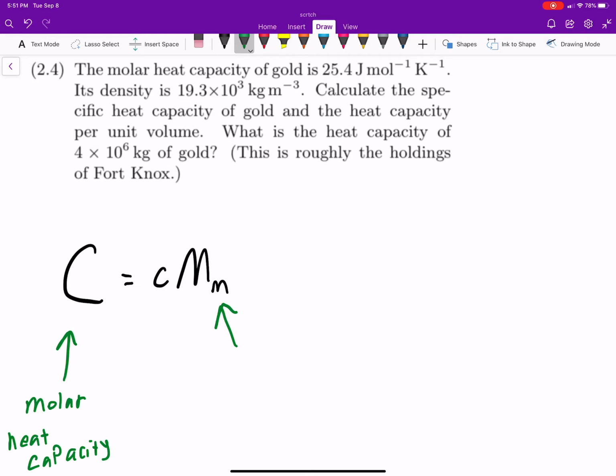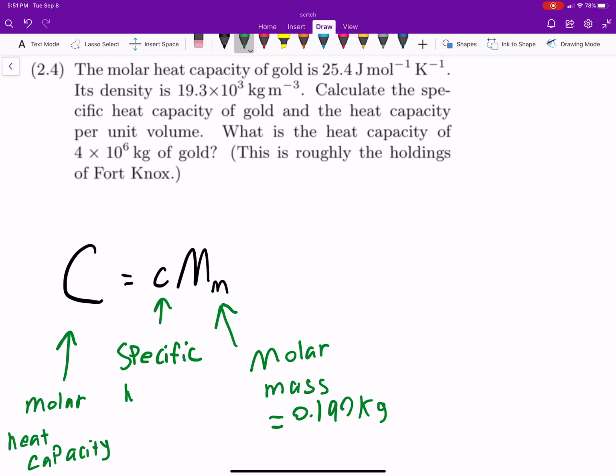That's why we're using M here, because this is the molar mass. The molar mass for gold, by the way, is 0.197 kilograms. And then little c is our specific heat capacity.